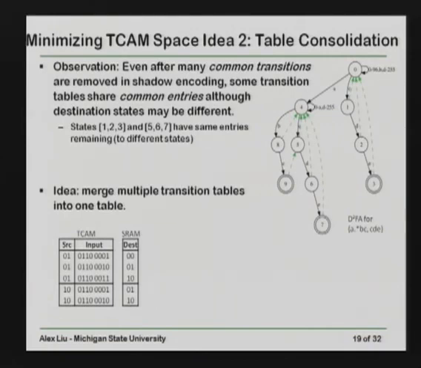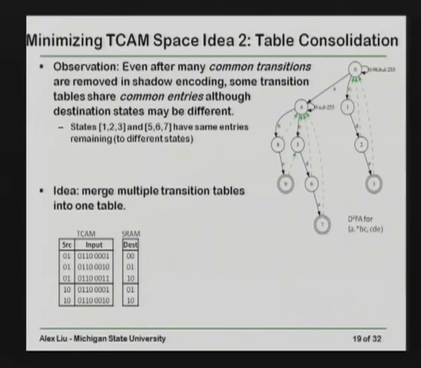However, for those entries, the source IDs are different and the destination IDs are different. The only same thing is the input character column. What we want to do is further remove such redundancy. So how do we achieve this?